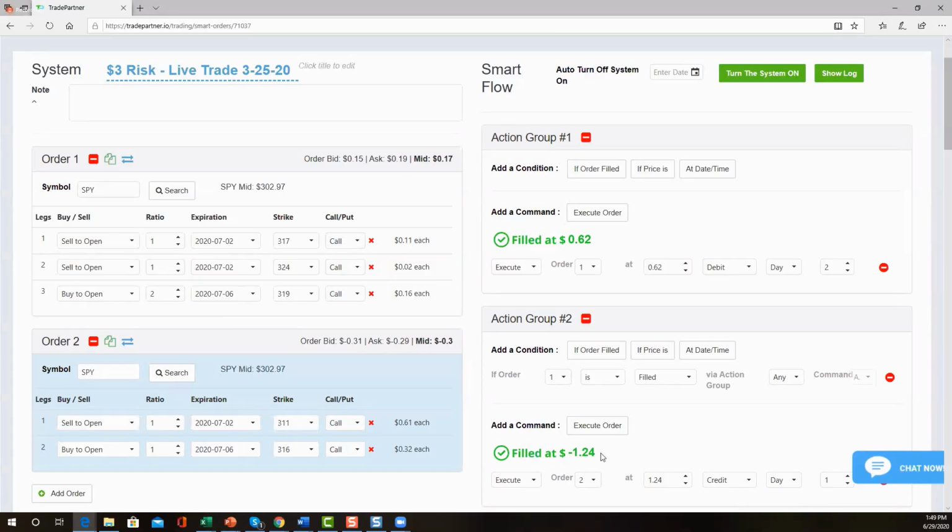These strikes are way up there. So if you'll notice here, on this particular trade, the 311, 316 is still worth 30 cents. And what does that mean? It means that we still have 30 cents of profit potential on this one.